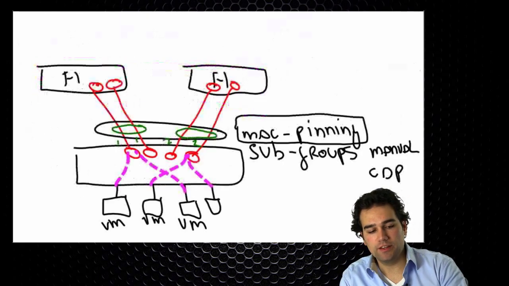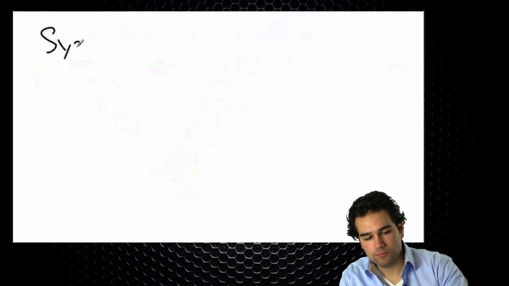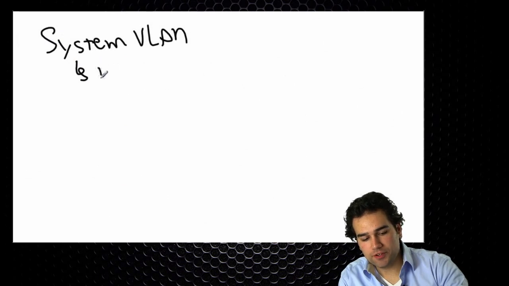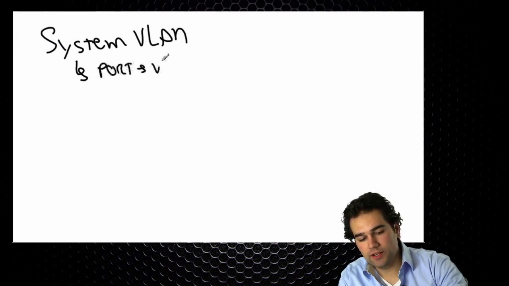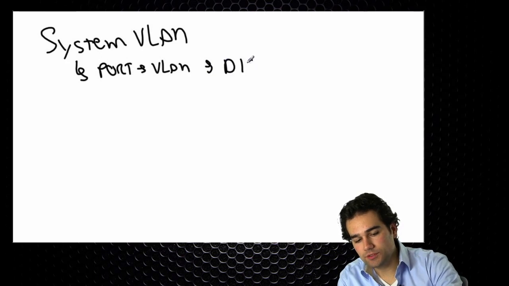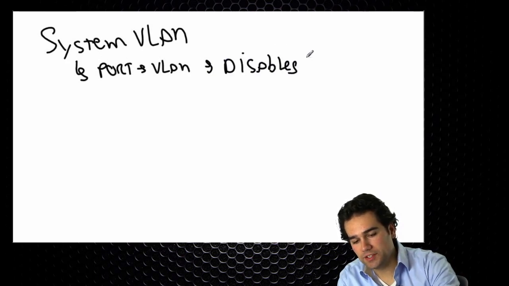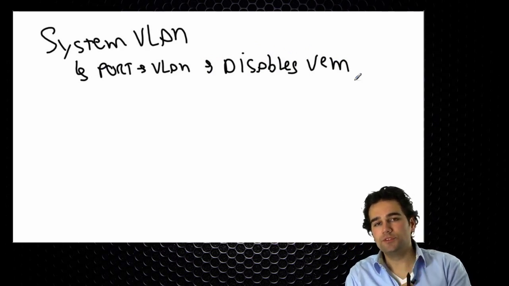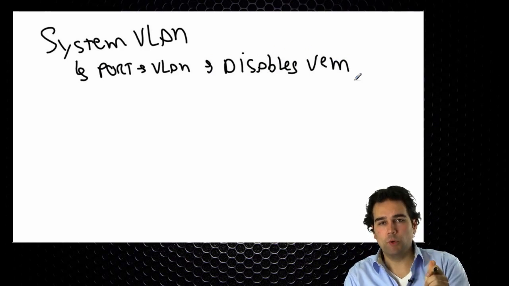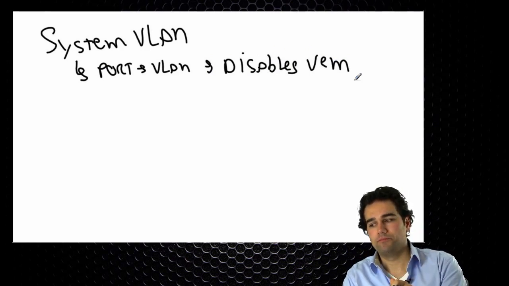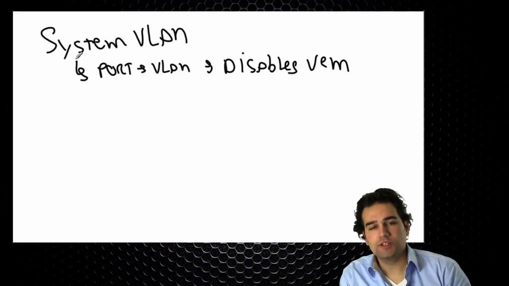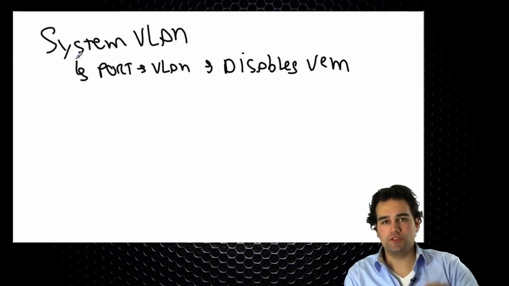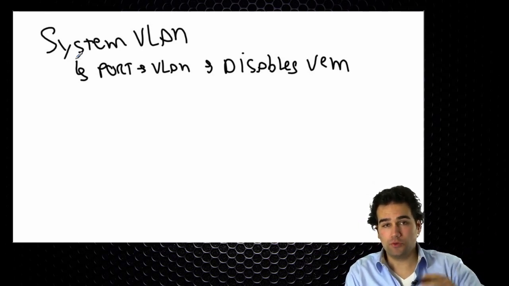Because what does the system VLAN command do? For that particular port, in that particular VLAN, it disables the packet processing of the VM. So the system VLAN disables the functionality of the VM for that port in that VLAN. So if I do this for normal VMs, I would not have any benefit from the Nexus 1000V because I constantly punch holes to myself and say, all right, go through, go through, go through.